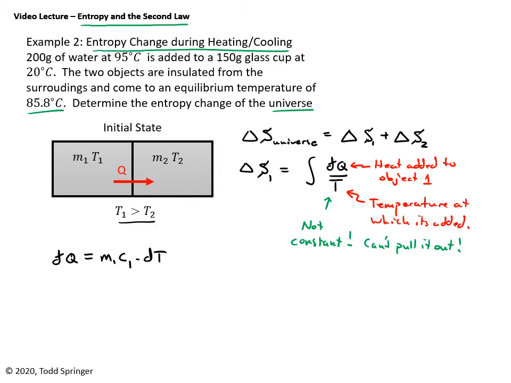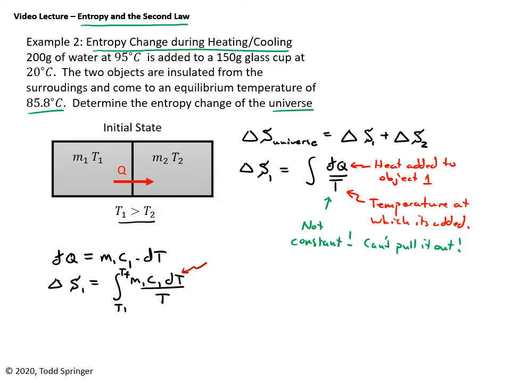So I'm substituting that into that integral, and I get delta S1 is equal to the integral of m1 c1 dT over T. Now the integration variable here is dT, so my integral goes from my initial temperature to my final temperature for object 1. My initial temperature is T1, my final temperature is Tf. Now the mass of object 1 and the specific heat of object 1, in this case, are constant, so I can pull those out.